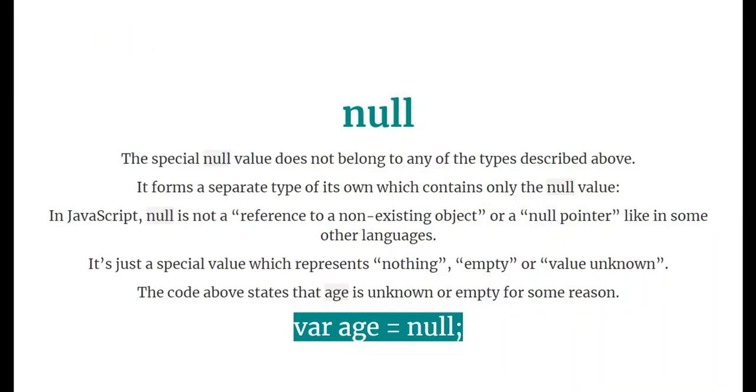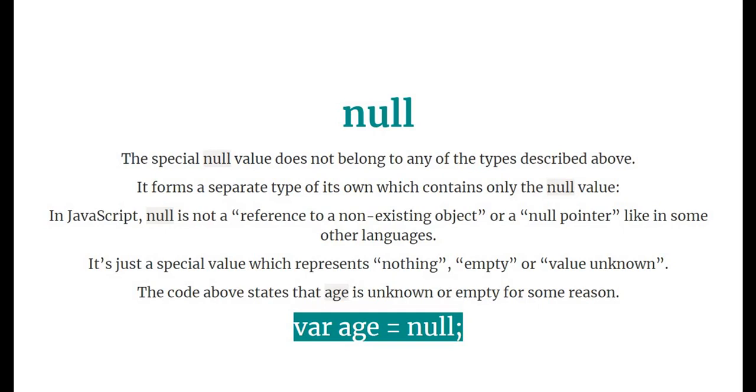Now, the null data type. What is a null data type? A special null value does not belong to any of the types described above. It forms a separate type of its own, which contains only the null value. Null means nothing.